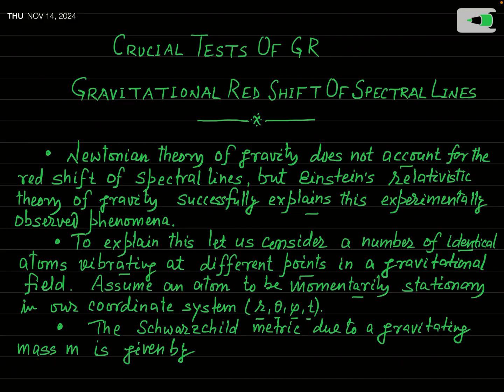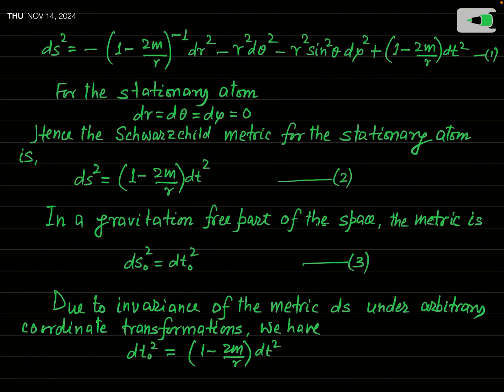You have learnt the Schwarzschild line element due to a gravitating mass m, a very large mass like the mass of the sun. The line element is given as ds squared equals minus (1 minus 2m over r) to the power minus 1 dr squared, minus r squared d theta squared, minus r squared sin squared theta d phi squared, plus (1 minus 2m over r) dt squared.